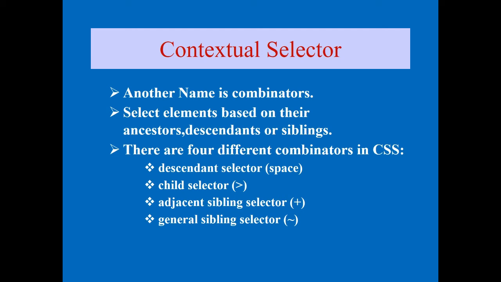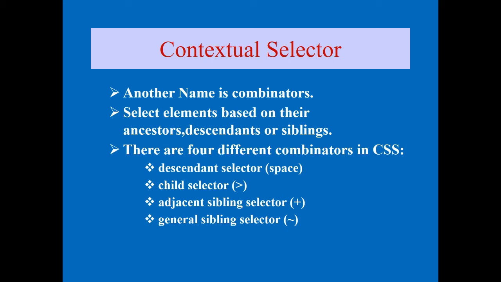Coming to the next one, that is called the contextual selectors. Another name of this selector is combinators. This kind of selector is based on their ancestors, descendants or siblings. Based upon this only, we can create the contextual selectors. There are 4 different combinations in CSS, along with their symbols.